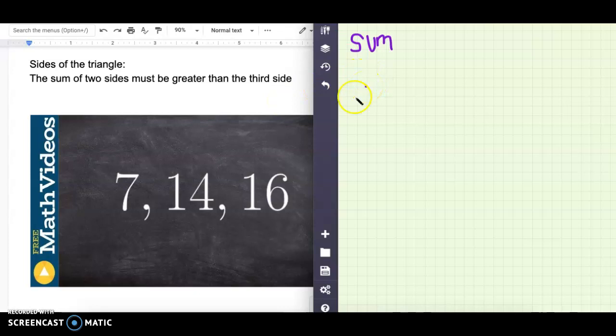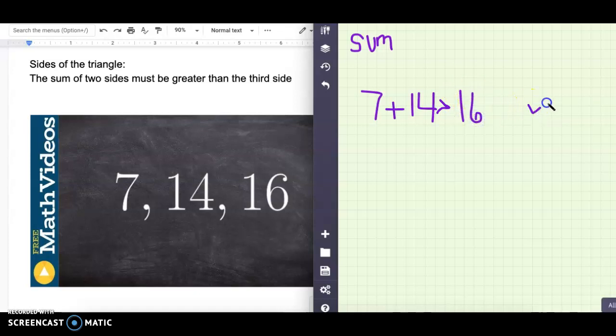So we have 3 sides here that I found on the internet. We have 7, 14, and 16. So we want to have the sum 7 plus 14, is that greater than 16? I love the greater than sign. And yeah, it really is.